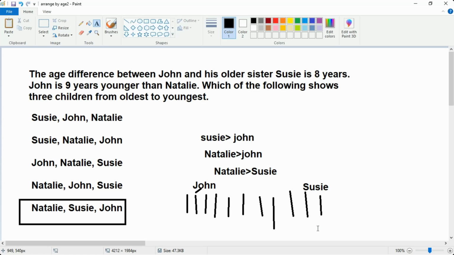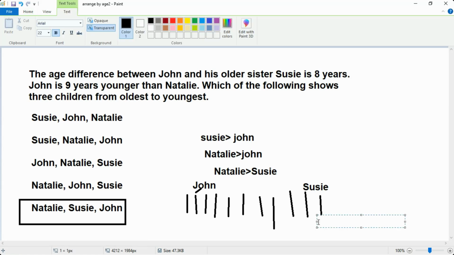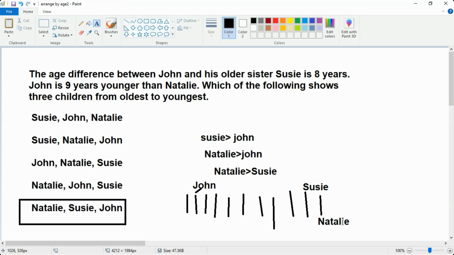So now we have a diagram that shows who is the oldest and who is the youngest. So here it's much easier. You can see that Natalie is at the top, the rightmost, so she is the oldest, then Susie, and then John comes at a much younger age group. He's far away on the left.